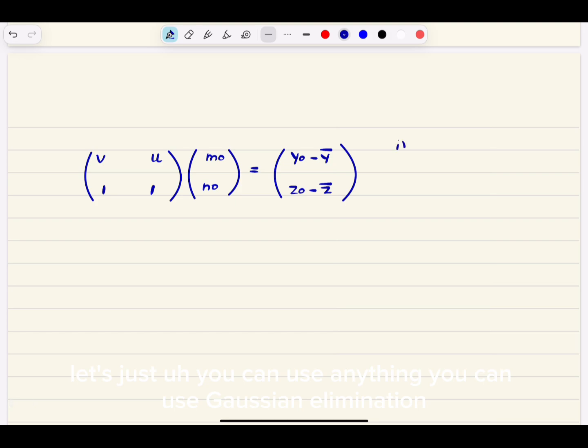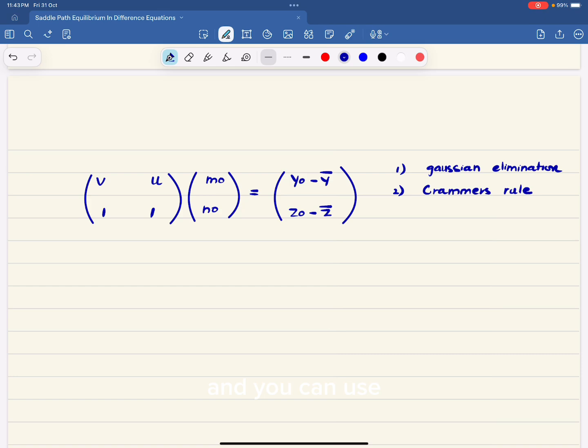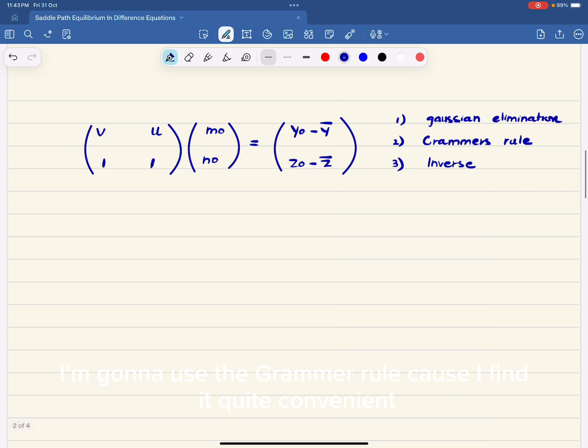You can use Gaussian elimination, you can use Cramer's rule, and you can use the inverse. I'm going to use Cramer's rule because I find it quite convenient.